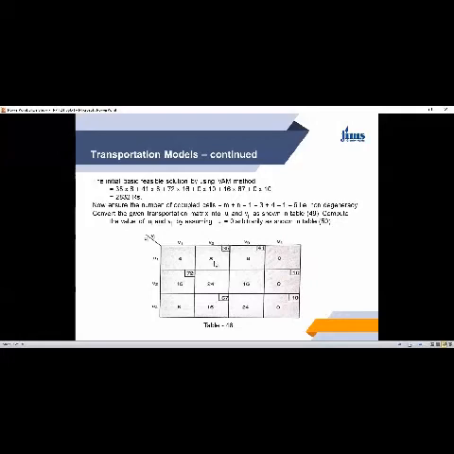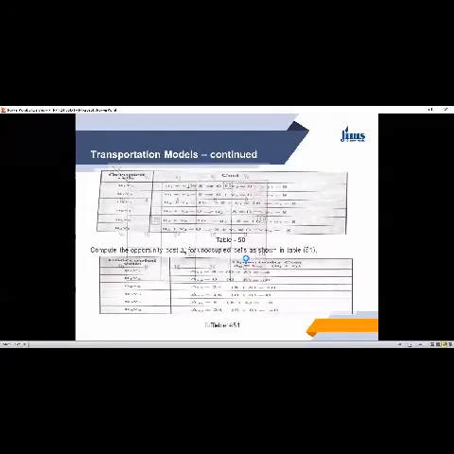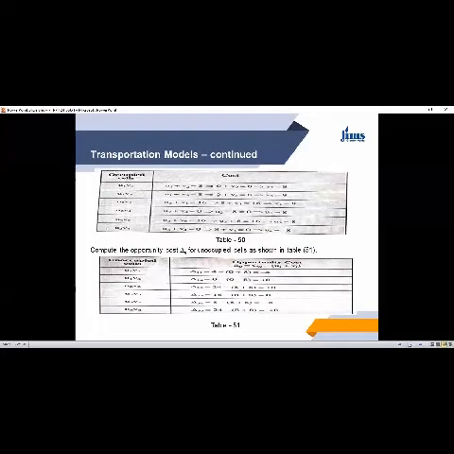So V2 is equal to 8, because U1 you have arbitrarily chosen as 0. Similarly, U1 plus V3 is equal to 8, so V3 will also be equal to 8. See here, V3 is also 8, and V2 is also 8.